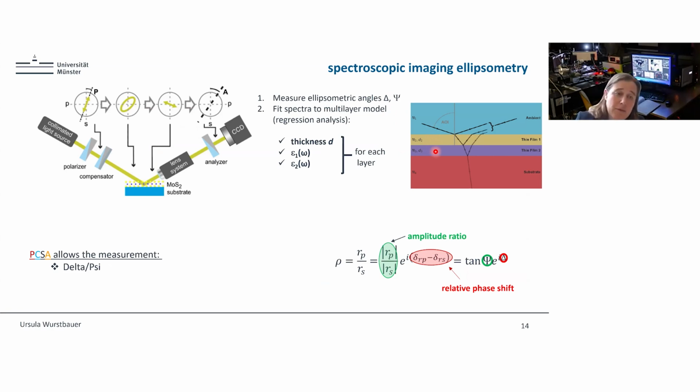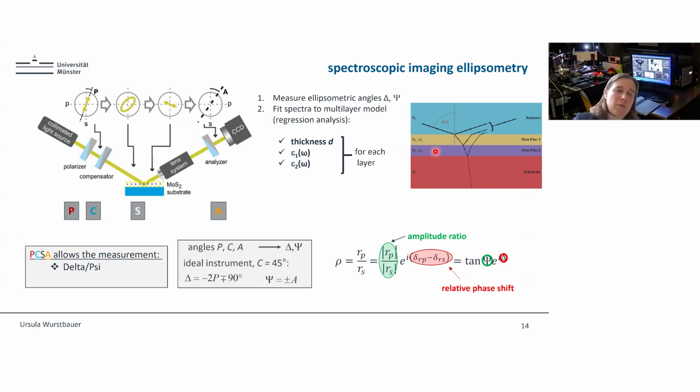In our case, we use a PCSA geometry, meaning a polarizer, compensator, sample, analyzer geometry, allowing us to determine the ellipsometric angles. I just would like to mention that a Mueller matrix approach is of course possible.